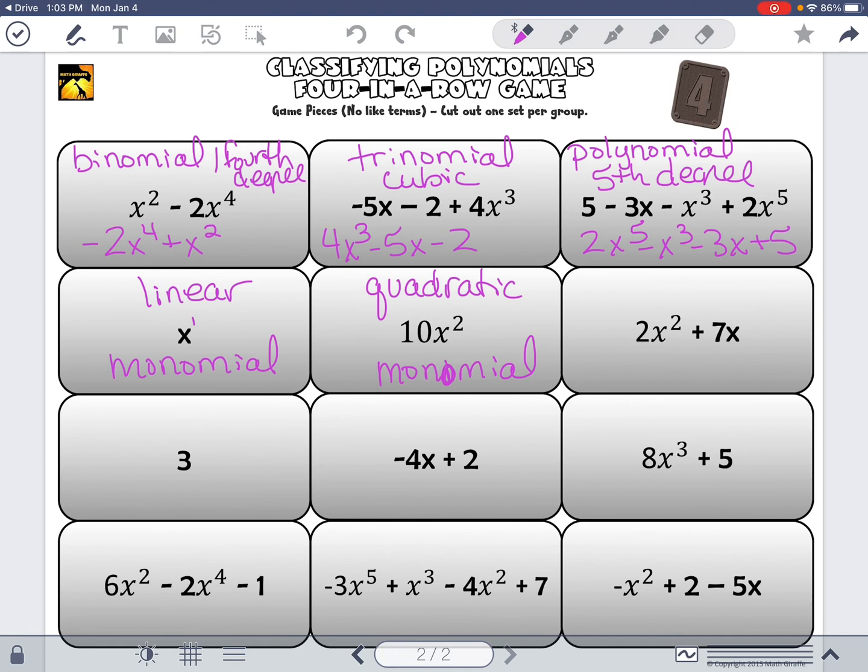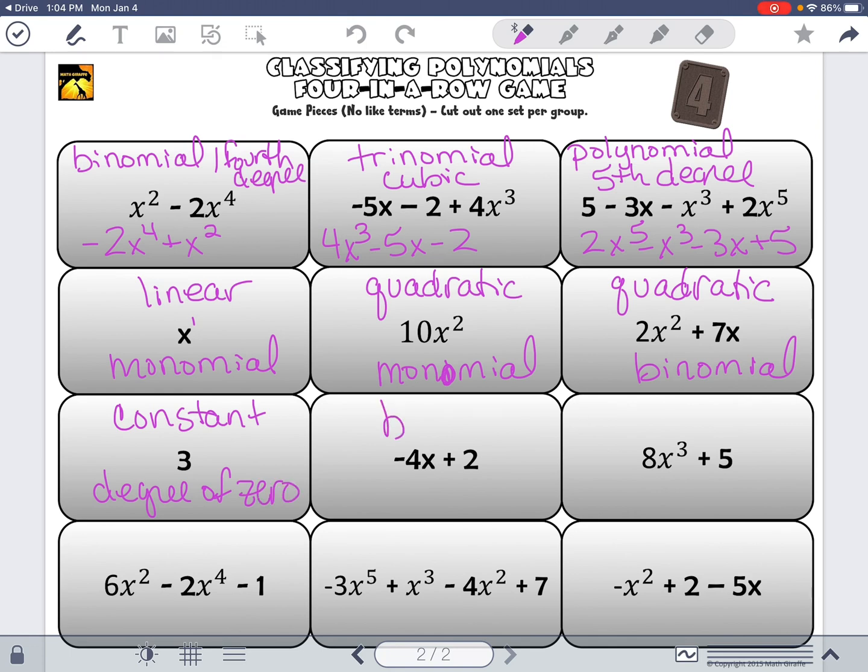Okay, the next one is written in standard form. It's got 2 terms, so it's a binomial. And the 2nd degree makes it a quadratic. 3 by itself is a constant with a degree of 0.